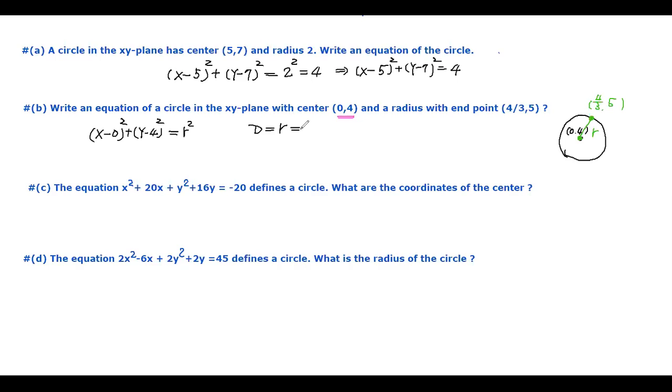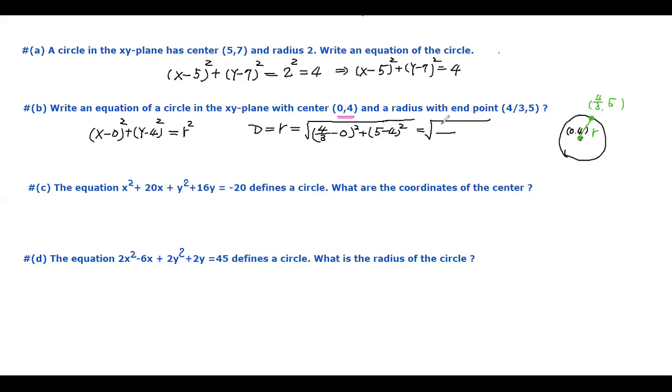Based on my formula, it will be (4/3 - 0) squared plus (5 - 4) squared, correct? So it's (x1 - x2) squared plus (y1 - y2) squared. Let's simplify a little bit. 4/3 minus 0 still is 4/3.